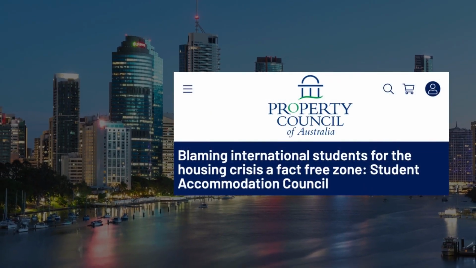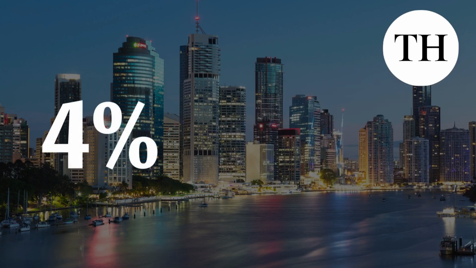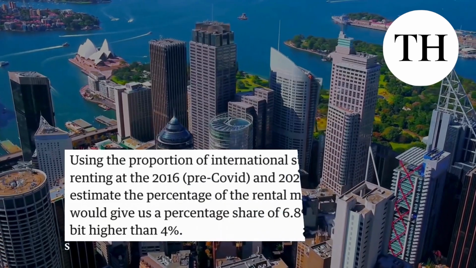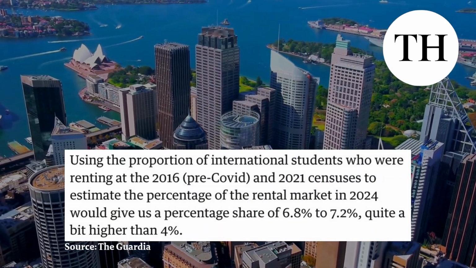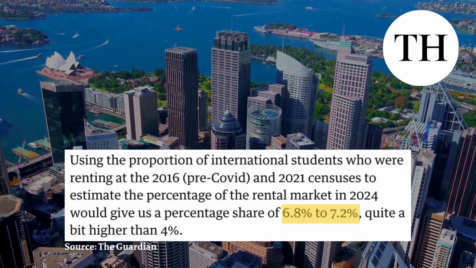A widely cited report by the Property Council of Australia found that international students only make up about 4% of the rental market in 2024. A Guardian analysis shows that students form about 6 to 7% of the rental market. But the government is approaching the issue from another angle.